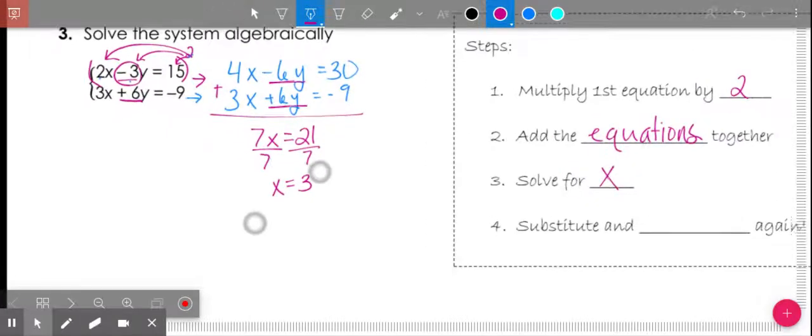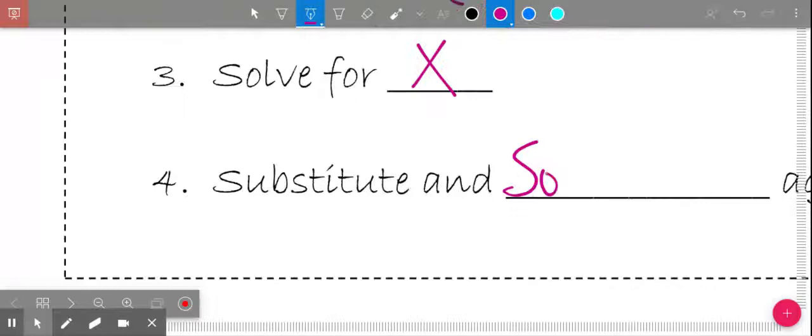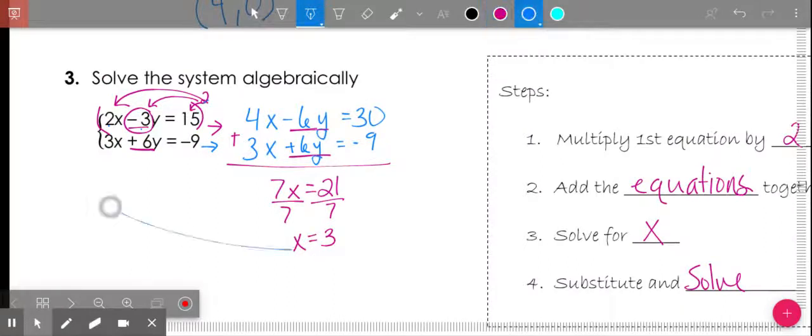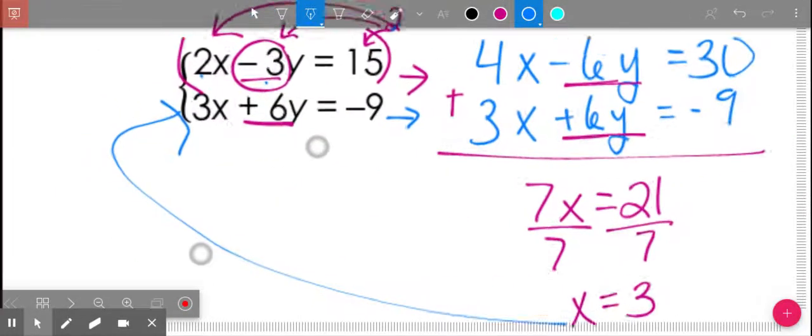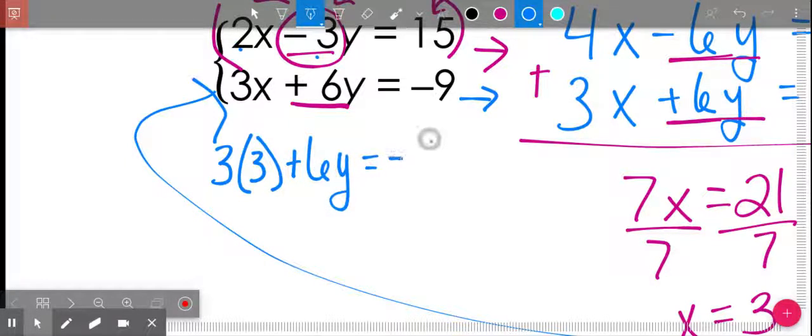All right, so now step 4, we're going to substitute that back in and solve again. So we're going to plug in that 3. I'm going to use the second one just because it's all positive, well, except for the negative 9, but that's a little bit easier to work with. So now I'll have 3 times, and 7x is a 3, plus 6y is equal to negative 9.